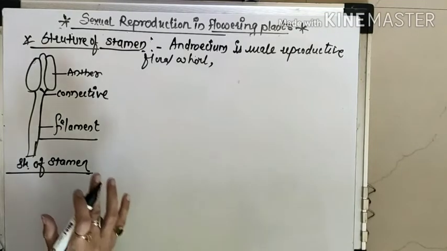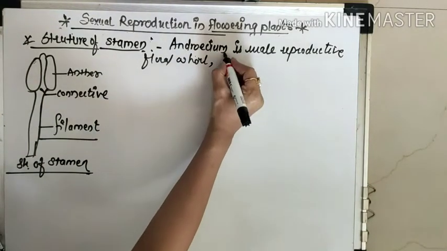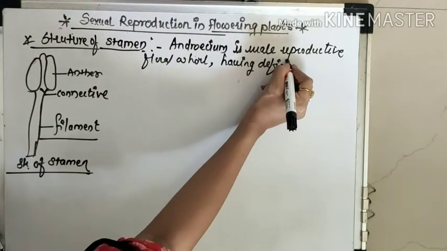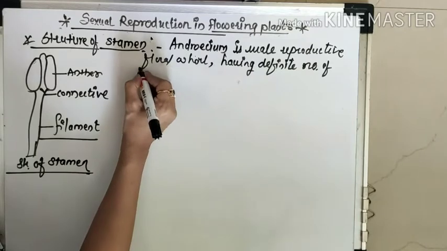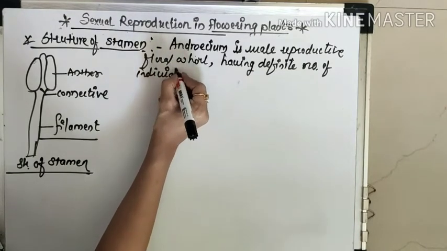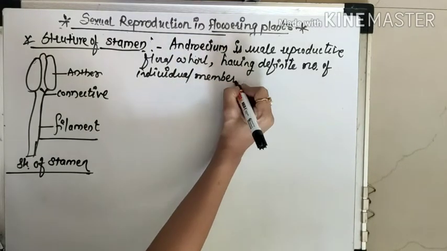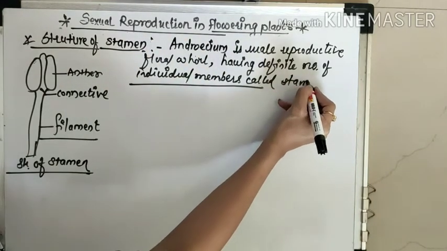So the androecium is a male reproductive whorl having a definite number of individual members of this family, and those members are known as stamens.